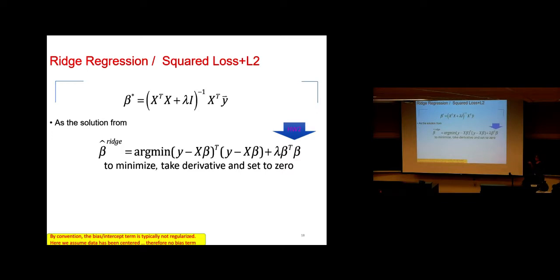If your scoring function is the sum of squared errors, the summation of y minus predicted X beta, and you augment the loss function by adding beta transpose beta, then its solution is this.